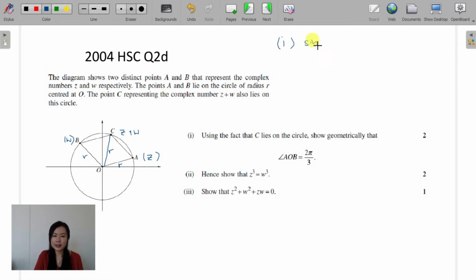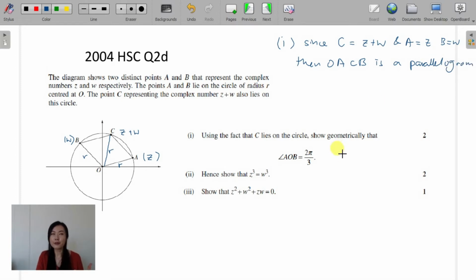So since C is equal to Z plus W, and A is Z, B is W, then we can conclude that OACB is a parallelogram. That's just coming from how vector addition works.